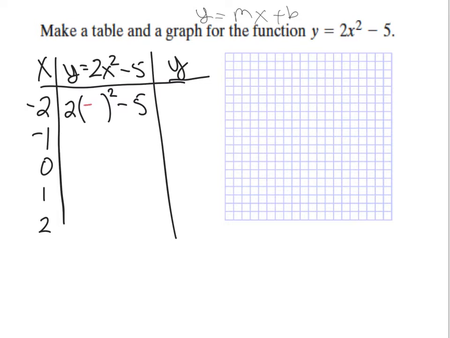So that -2 takes the place of the x. And then we solve that. You do have to use the order of operations, which means you use the exponents first. So -2 squared becomes 4. 4 times 2 is 8, and 8 minus 5 is 3. And you're going to do it again.